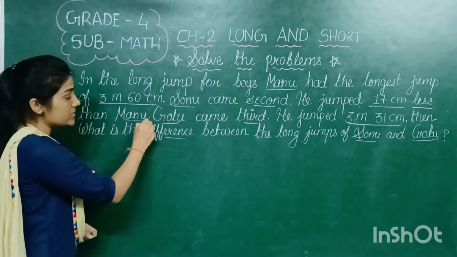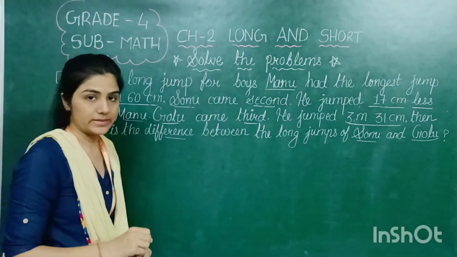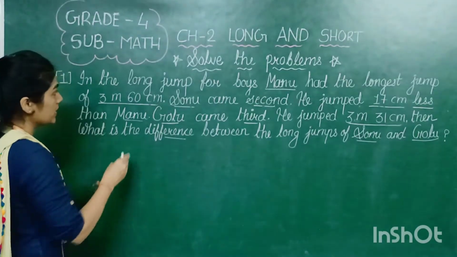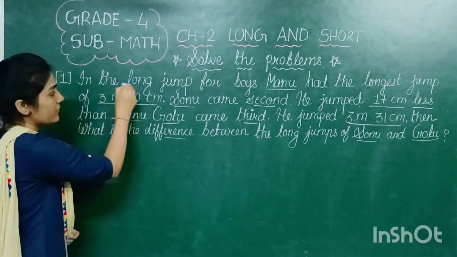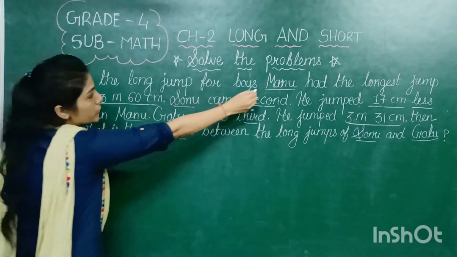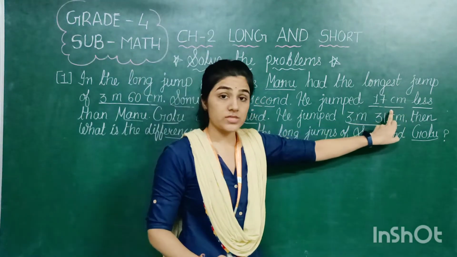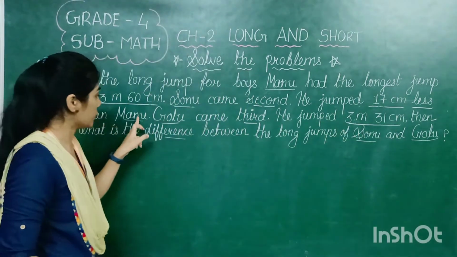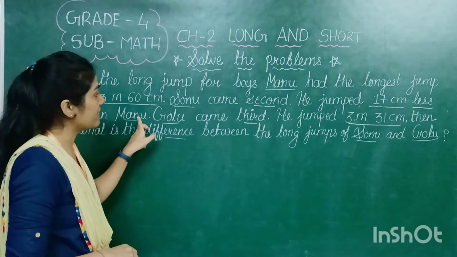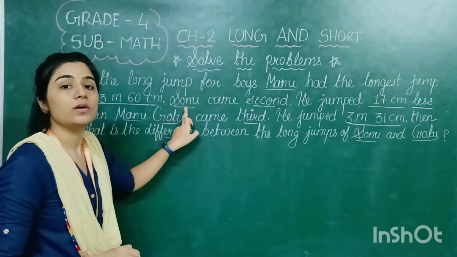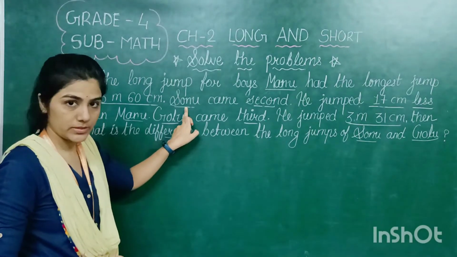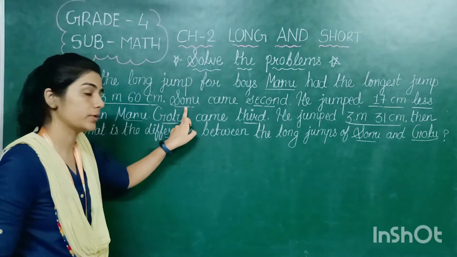So we have to solve this sentence first. We can subtract this 17 centimeter from the jump of Manu, so that we can find the actual length of Sonu's jump.